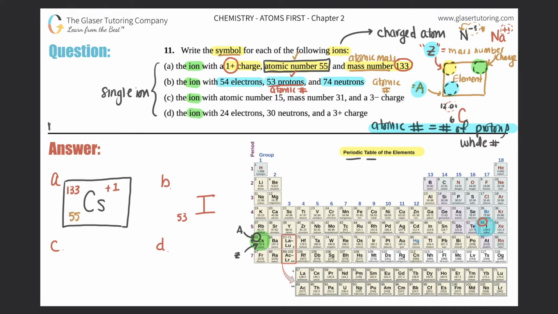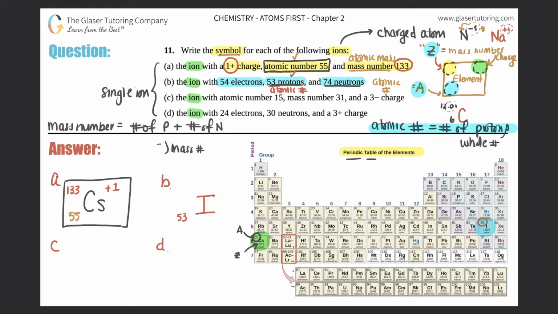Now we should know that the mass number is the number of protons, so I'm just going to put number of P, plus the number of neutrons for a given atom. So here, they told us that we had 53 protons, and we have 74 neutrons. So what would be the mass number for this?